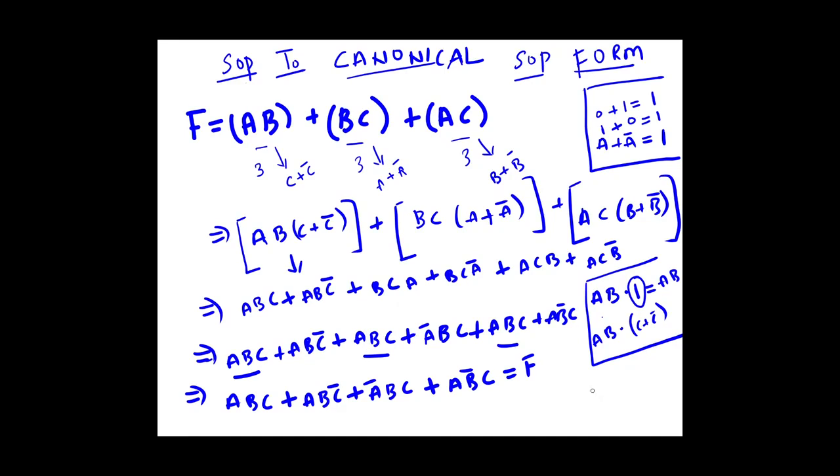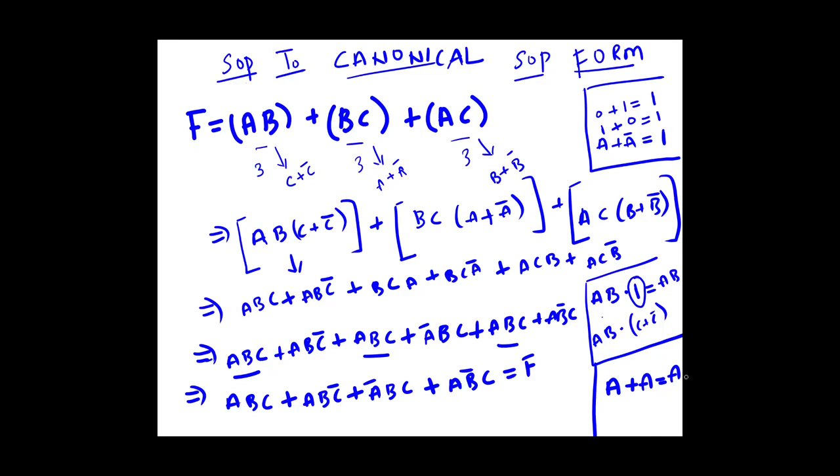I'm doing this because of one of the Boolean laws: A plus A is equal to A. If you add 1 plus 1, you get 1. If you add 0 plus 0, you get 0.